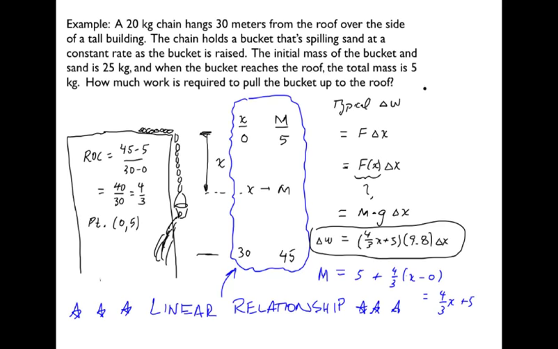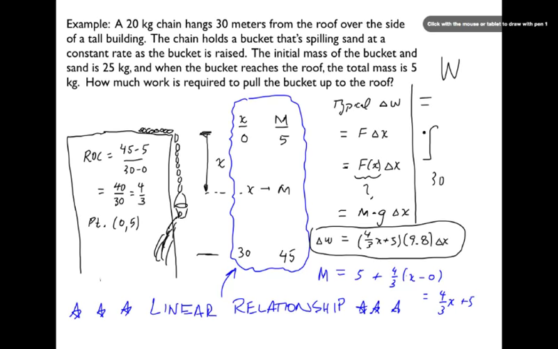So now the total work is the integral from 30 to 0 of 4/3 x plus 5 times 9.8. Again, a change in x is this way, opposite of positive x.